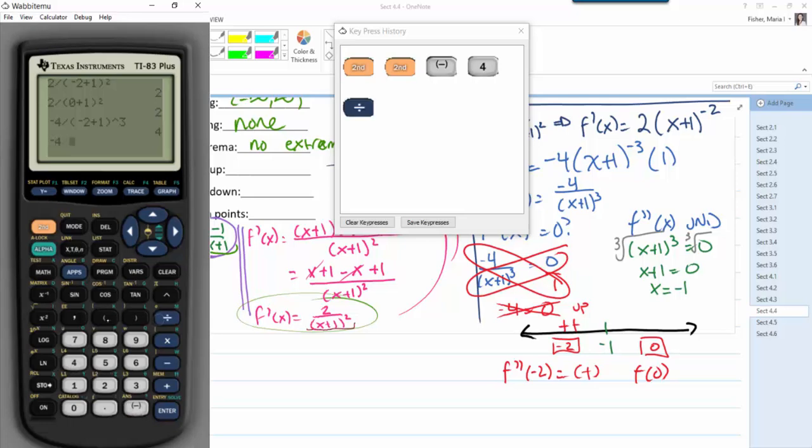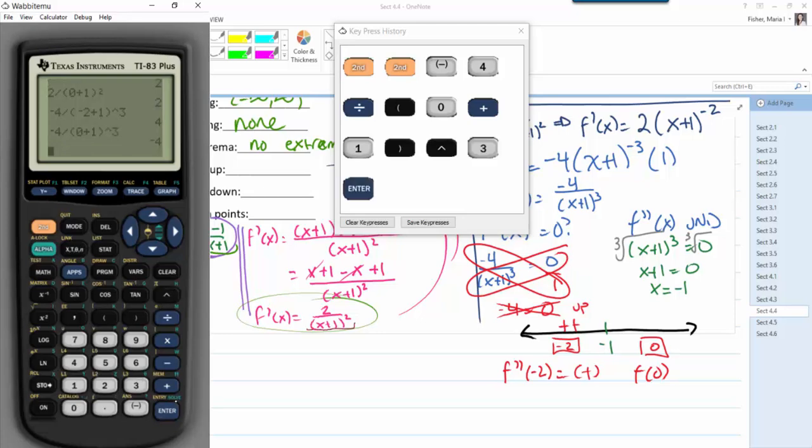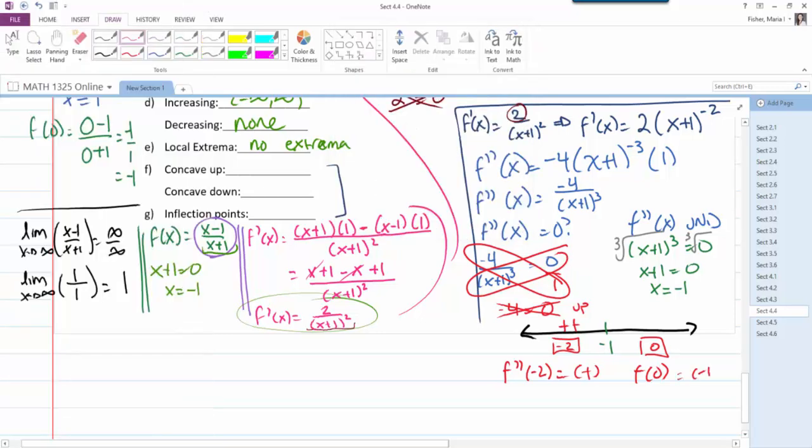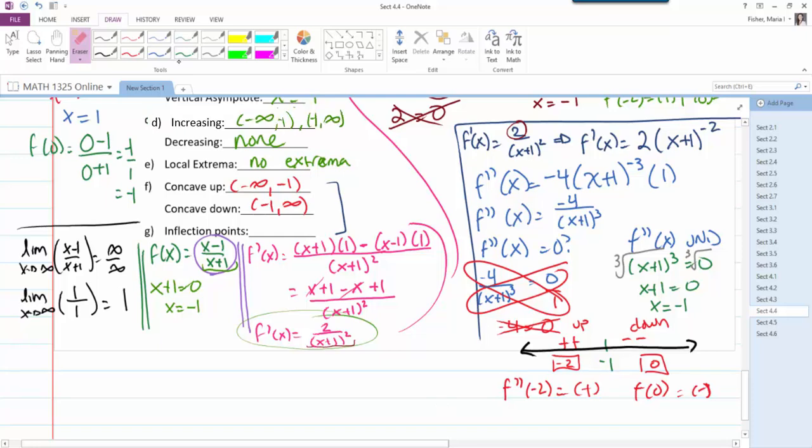Negative 4 divided by 0 plus 1 to the third, and I end up with a negative number, which means that in this interval I am concave down. So I'm going to be concave up from negative infinity to negative 1, and concave down from negative 1 to positive infinity.